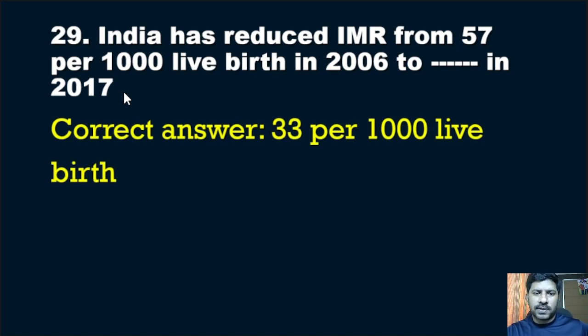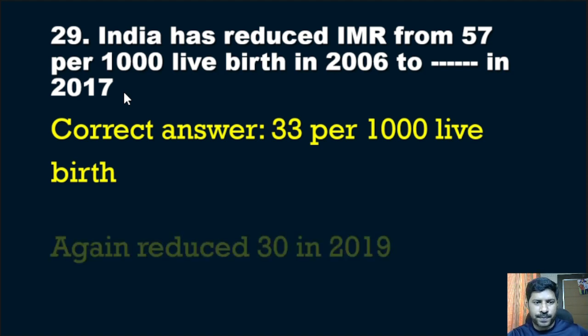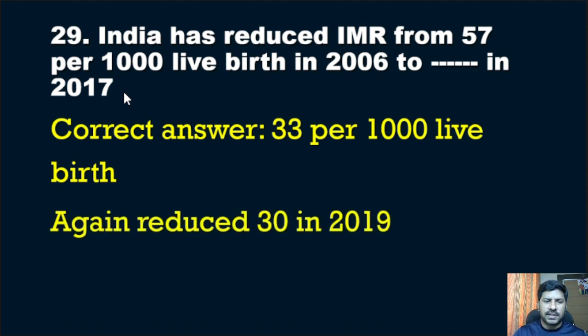Infant mortality was reduced to 33 per 1000 live births in 2017. Again, it was reduced to 30 in 2019.